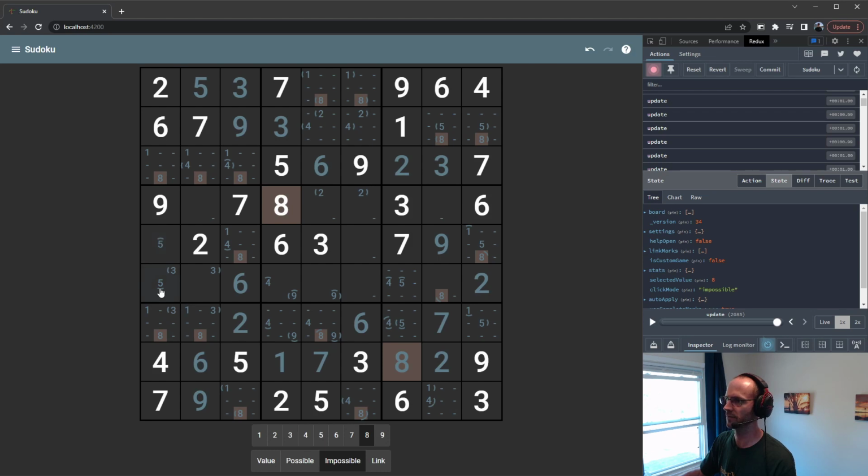Only a couple left, so 1, 3, 5, 8, so the 1, 3, 8 is what's left to place. The 1s look possible. The 3 does look possible here as well. And the 8 looks possible everywhere.